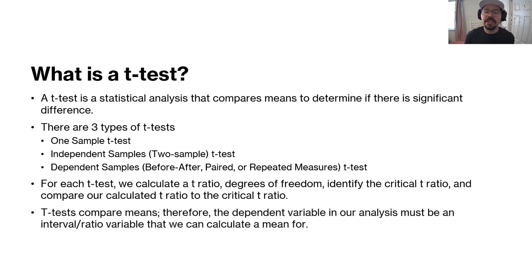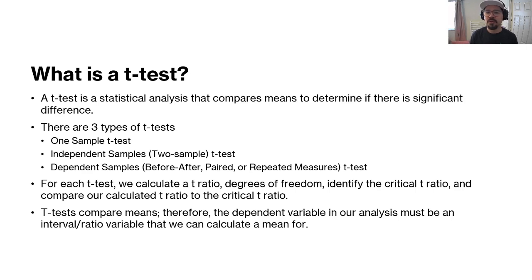T-tests effectively compare means, and that means the dependent variable of our hypothesis must be an interval ratio variable that we can calculate a mean for. Remember that it is not possible to calculate a mean for any kind of variable. We cannot calculate a mean if we're collecting data on race, right?